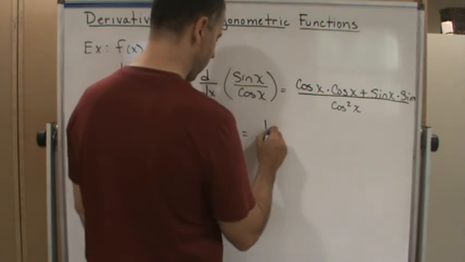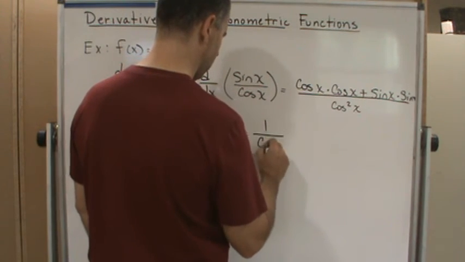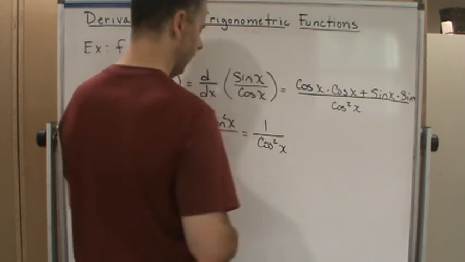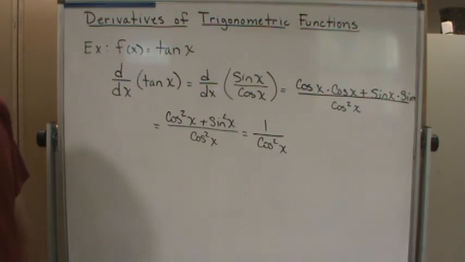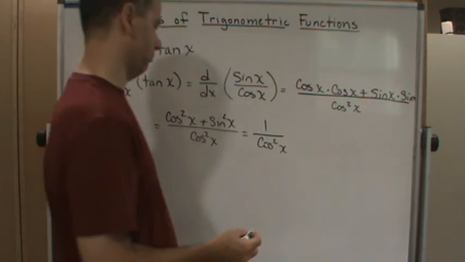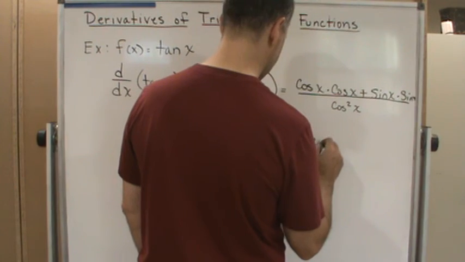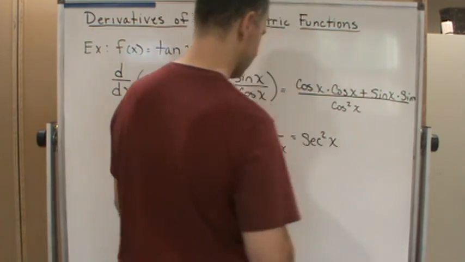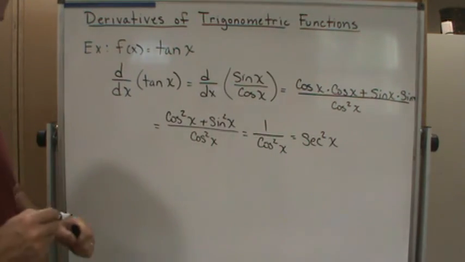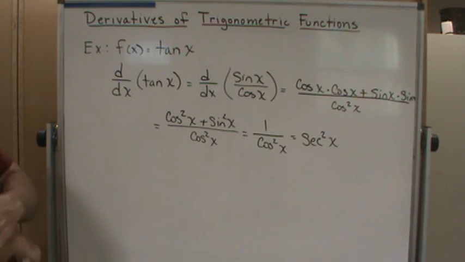So that means we get 1 over cosine squared x. And what is 1 over cosine? Well, that's going to be secant. So this gives you secant squared x. And we're done. So the derivative of tangent is secant squared.